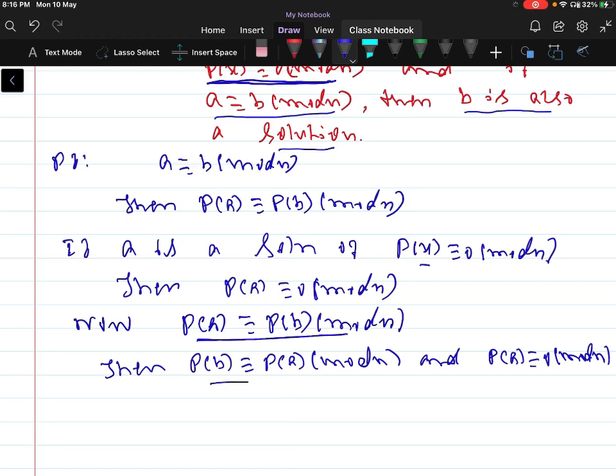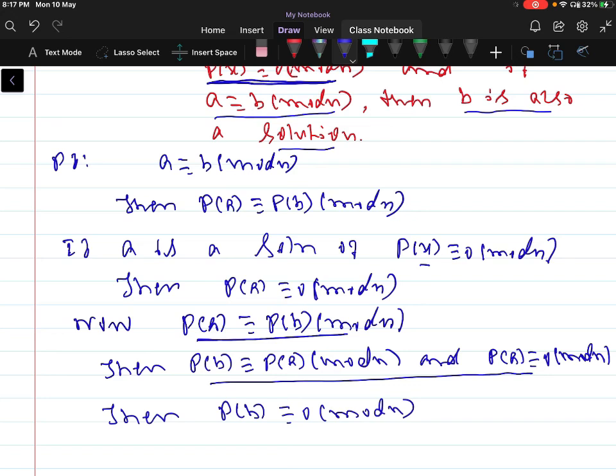So by using the transitive relation, if p of b is congruent to p of a modulo n and p of a is congruent to 0 modulo n, then p of b is congruent to 0 modulo n. This implies b is a solution of p of x is congruent to 0 modulo n also.